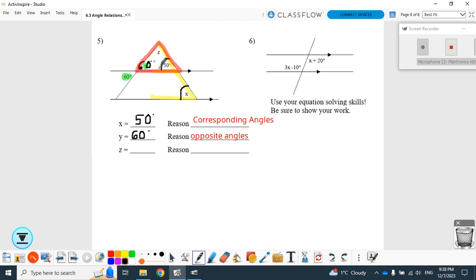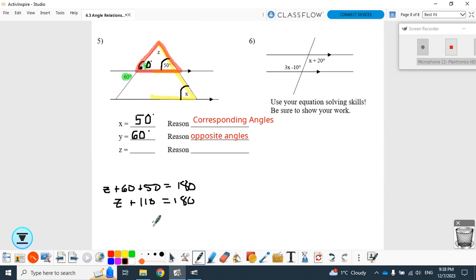We have 60 degrees in the bottom left and 50 degrees in the bottom right. All angles in a triangle have to add up to 180. So Z plus 60 plus 50 has to equal 180, which means Z plus 110 must equal 180, right?